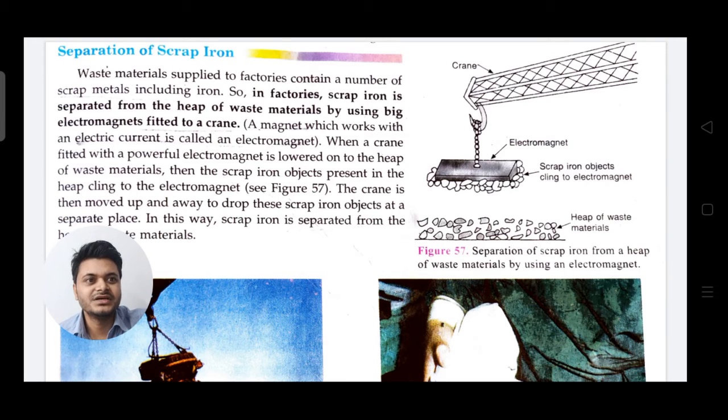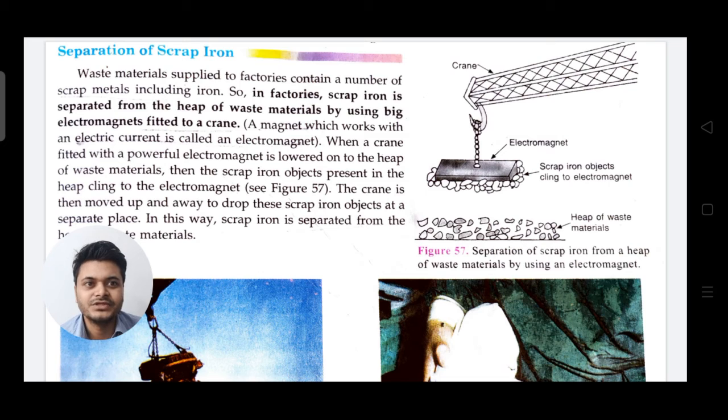The electromagnet removes all the iron particles from the scrap. The waste material supplied to the factories contains a number of scrap metals including iron. In the factory, scrap iron is separated from a heap of waste material by using a big electromagnet fitted to a crane.